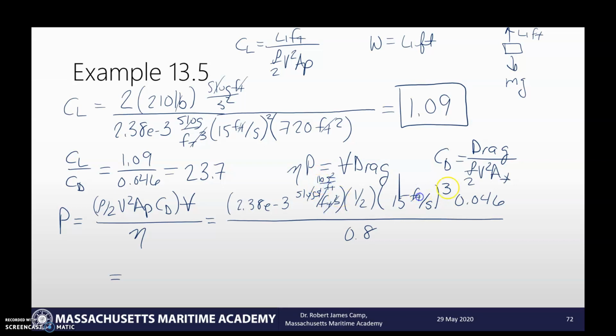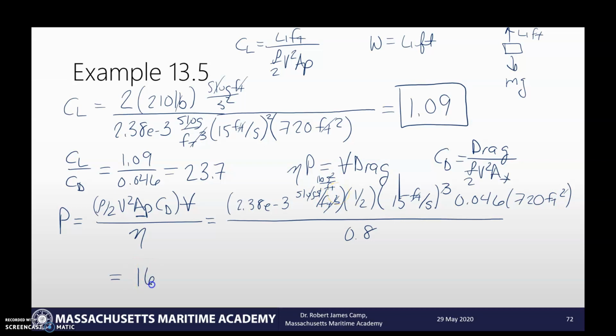Cubic feet cancel out. Second squared, second cubed is, we'll have a 1/2. And so, wait, the units aren't working out right. Oh, I forgot my planform area. And once again, this is where it's good to look at the units because you'll catch things like this. So our planform area is 720 square feet. So now we'll have the foot here cancel out the foot there, and we'll get the right units because now I'll have pound foot per second.